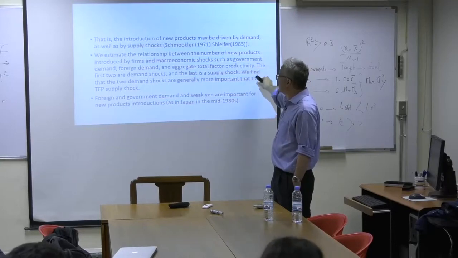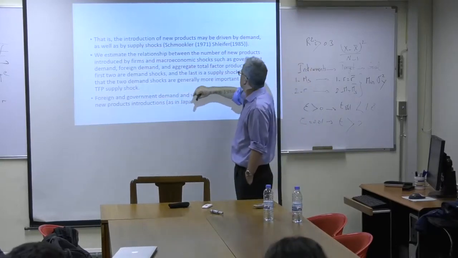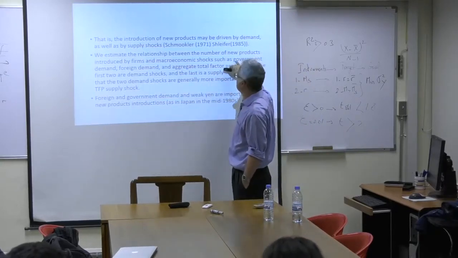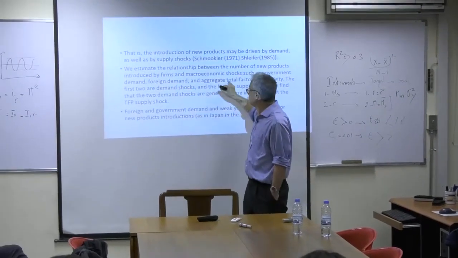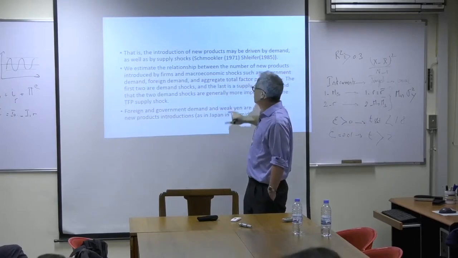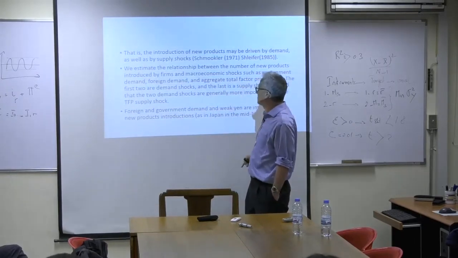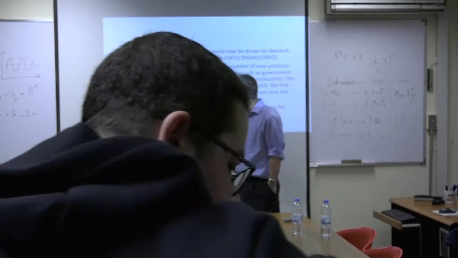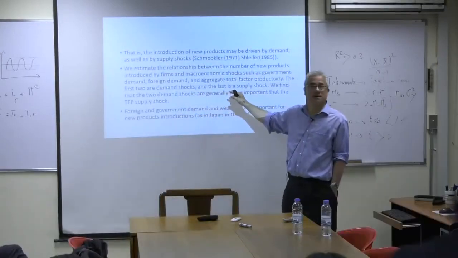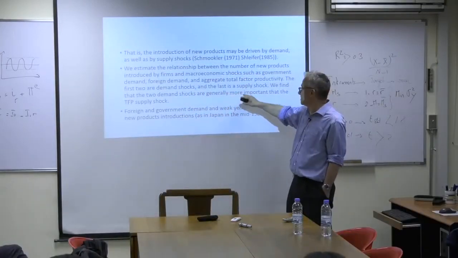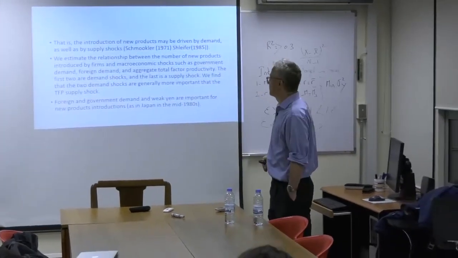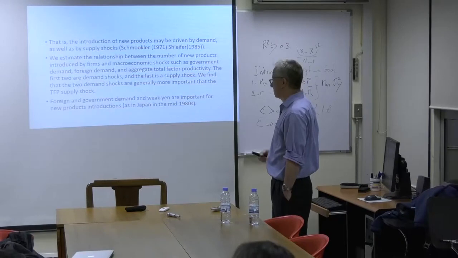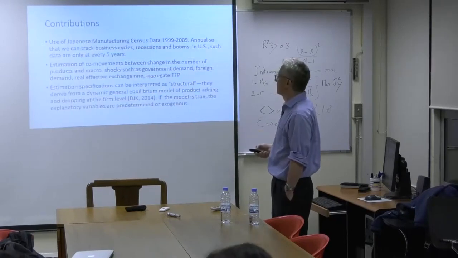We classify the first two, government demand and foreign demand, as demand shocks, and total factor productivity shocks as supply shocks. And we find that the two demand shocks are generally more important than the supply shocks. Okay, so that's the paper.